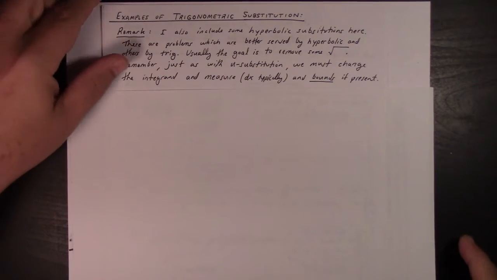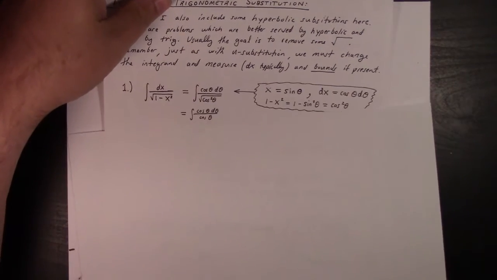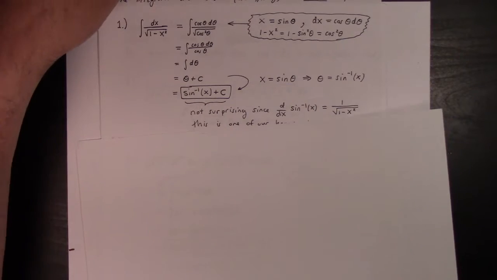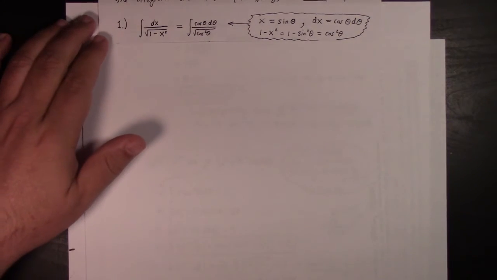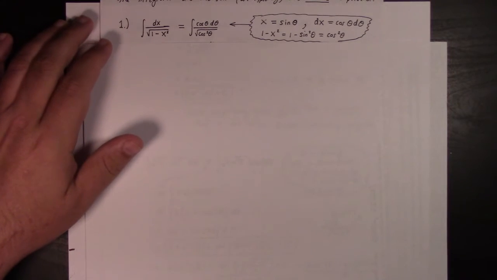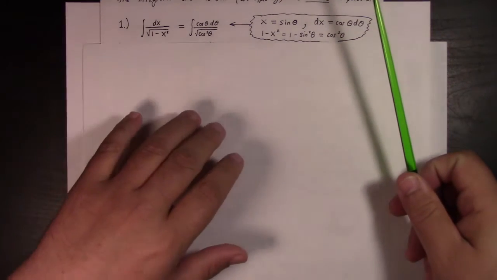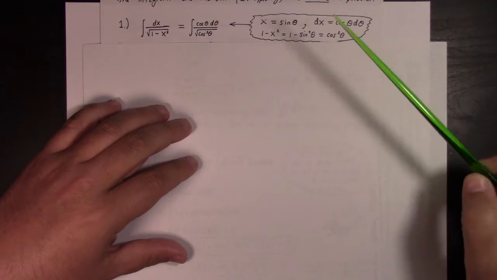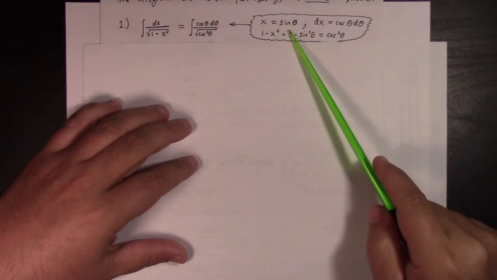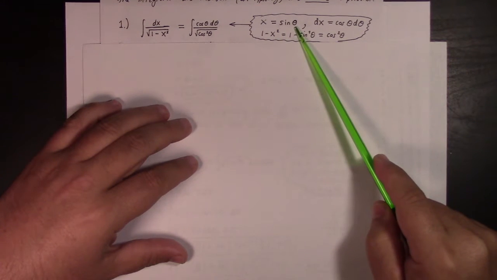So the first example, well, the big idea here is that a trig substitution is based on making an implicit substitution that involves a trigonometric function. So in this example, I make a substitution of theta.